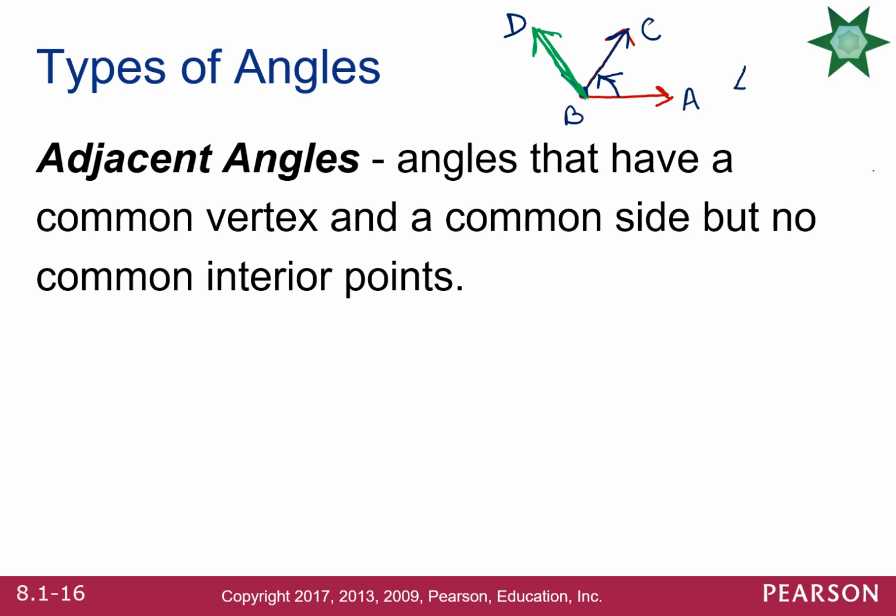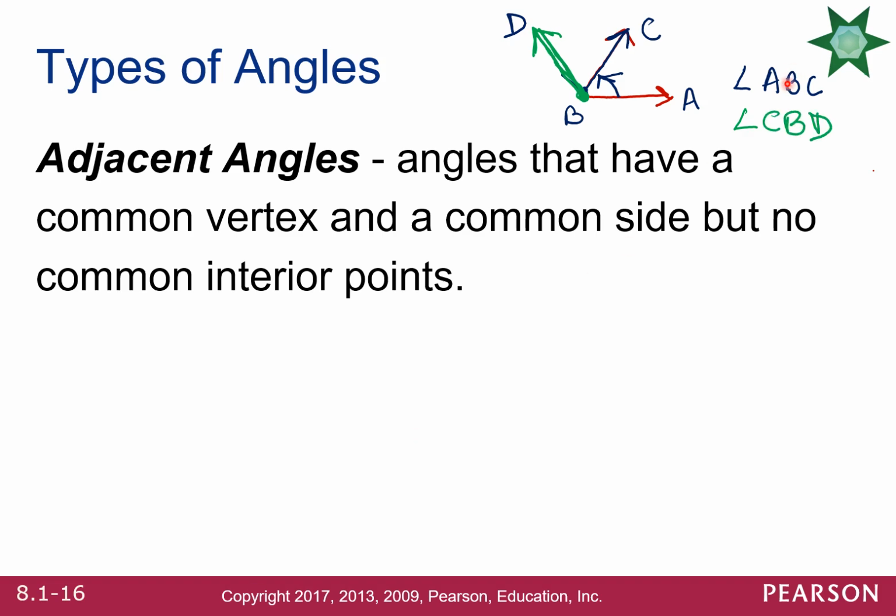So we call this angle ABC. Here, angle ABC and angle CBD are adjacent angles. There are two angles being formed using the same vertex B. So that's angle CBD.